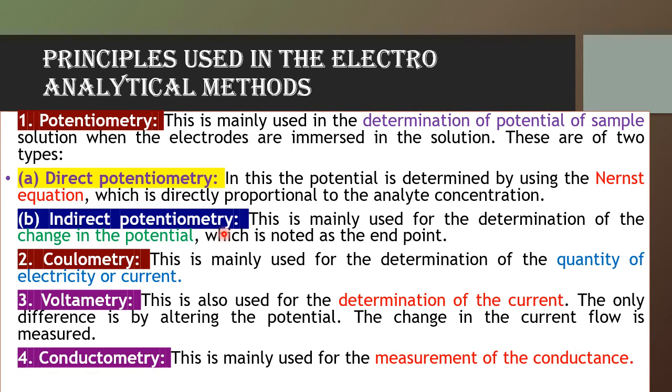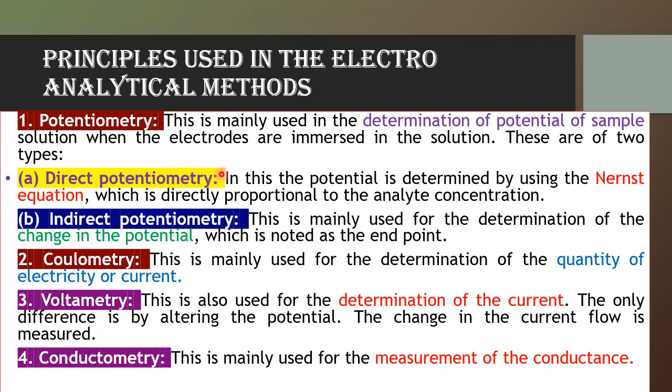So now let's discuss briefly the principle of the different electrochemical methods. Number one is potentiometry. Potentiometry, I have already told you, is one of the static interfacial methods in which we determine the potential of our sample but without the flow of current. There are two types of potentiometry. One is direct potentiometry, the second is indirect potentiometry.